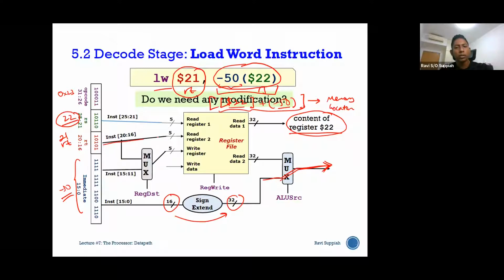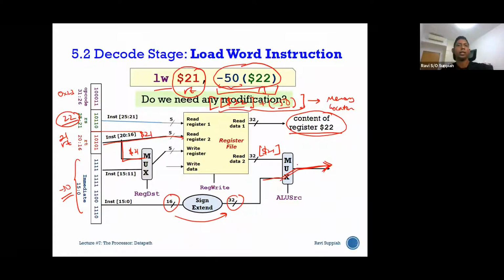So 21 comes here and it also comes here. It comes to both of these places.